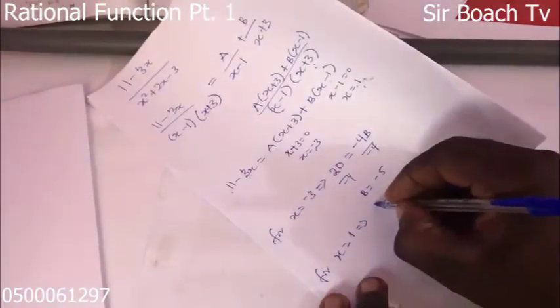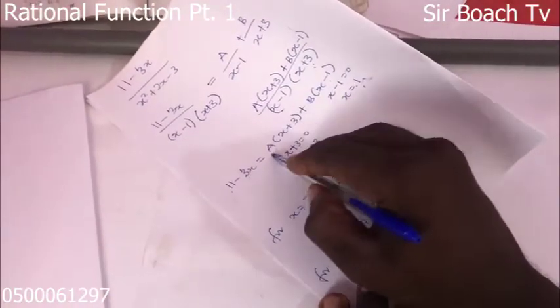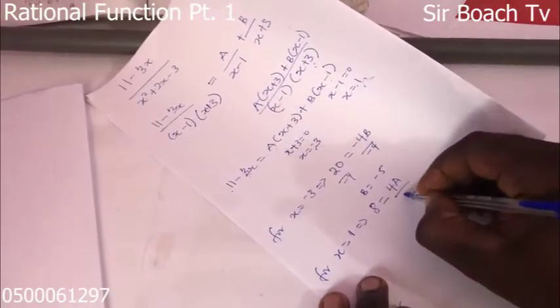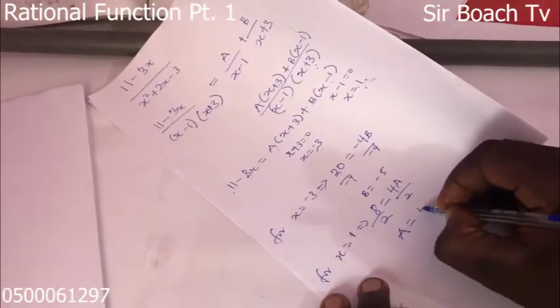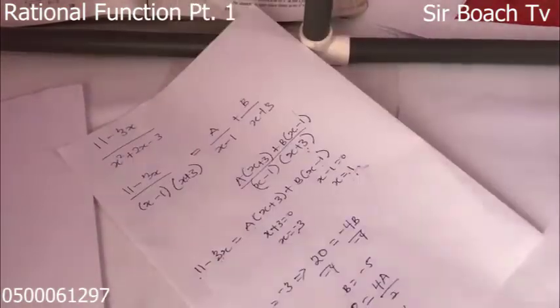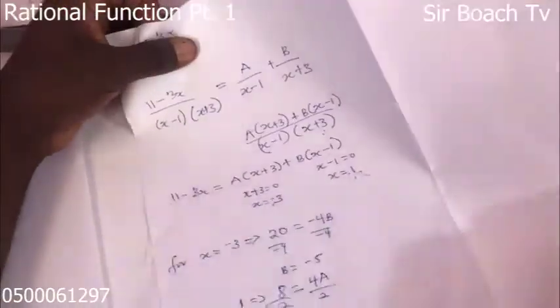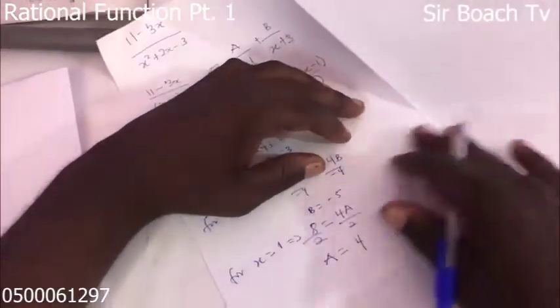So we're going to get 8 being equal to, if you put this one here, 4a. So we divide here by 2 and divide here by 2. We're going to get a being equal to 4. Now we have our a and we also have our b. So what do we do? Let me just write it here.